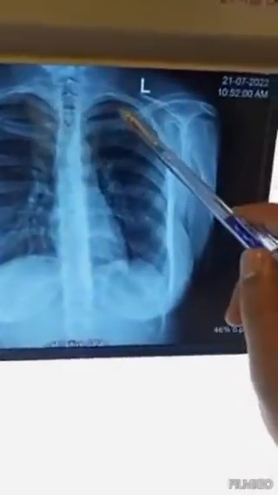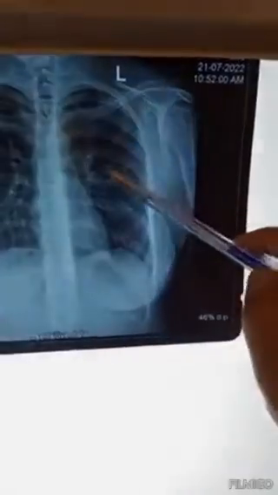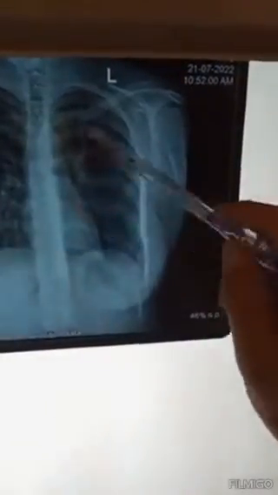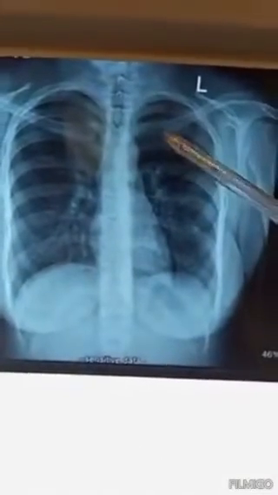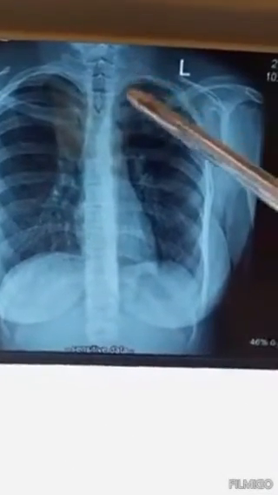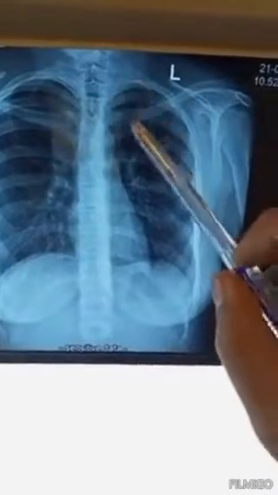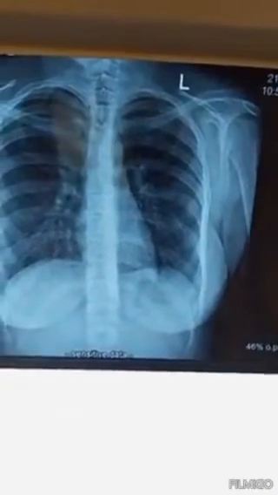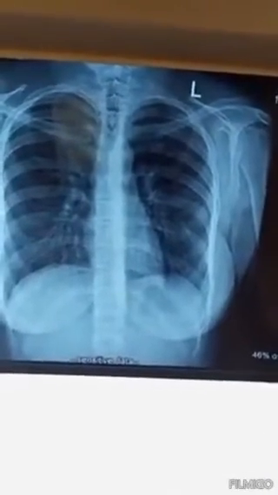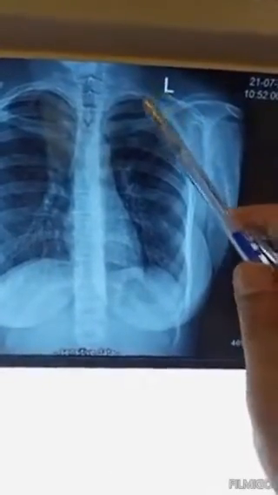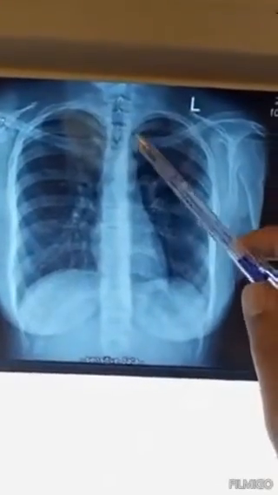Second, the ribs are counting more than 6, so it means it has been taken in inspiration, which is good. The third, comment on the P. Comment on the P means comment on the projection, right? The projection means whether it is taken in anterior posterior view or posterior anterior view.